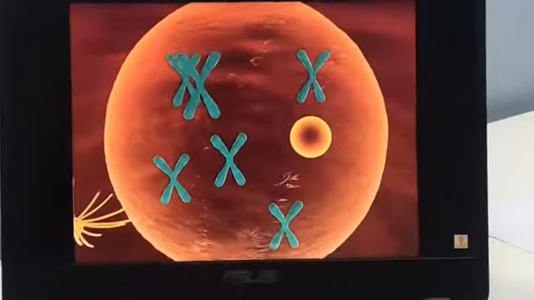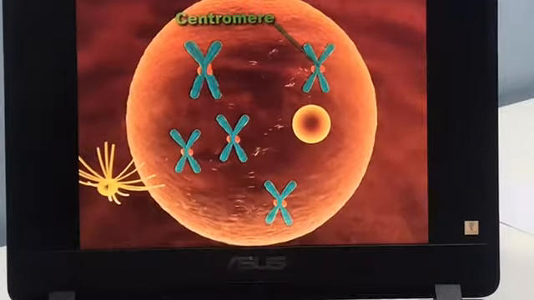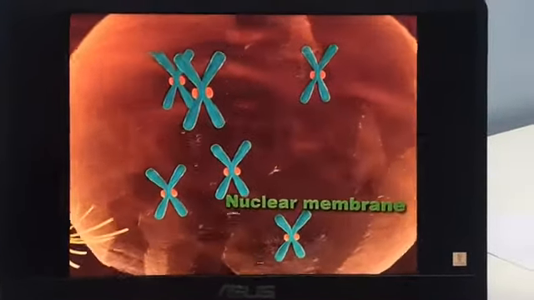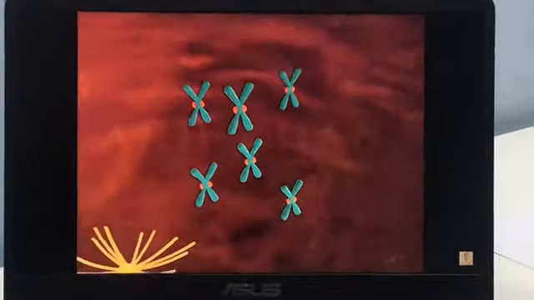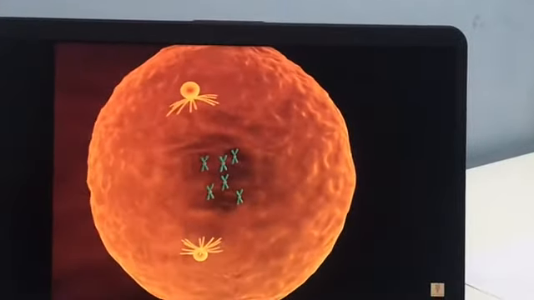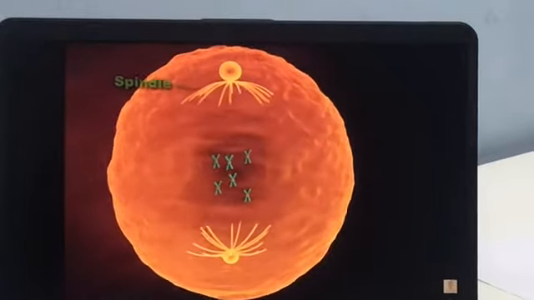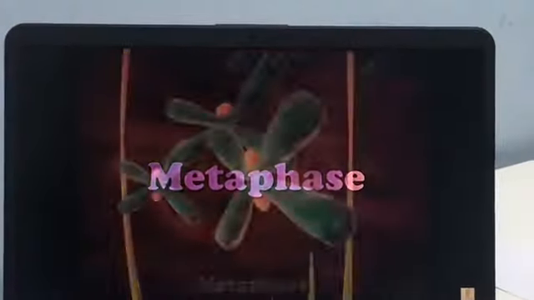Each chromosome has two sister chromatids joined together at the centromere. So this is the centromere, guys. The nucleolus disappears and the nuclear membrane starts to break down. The centrosomes, each with a pair of centrioles, move apart to the opposite poles, forming a spindle between them. So the opposite poles, and it will start to form the spindle fiber.